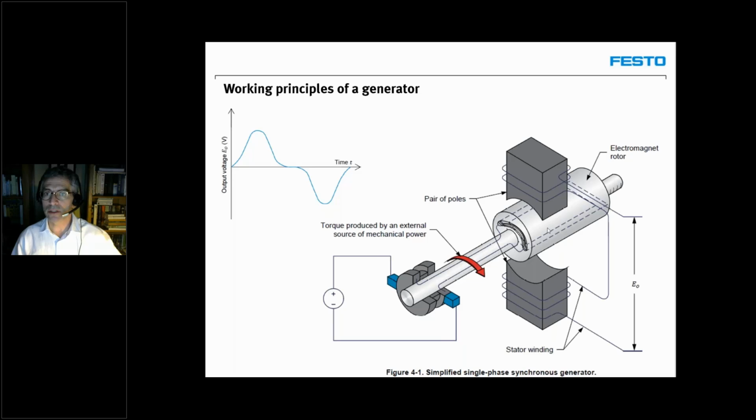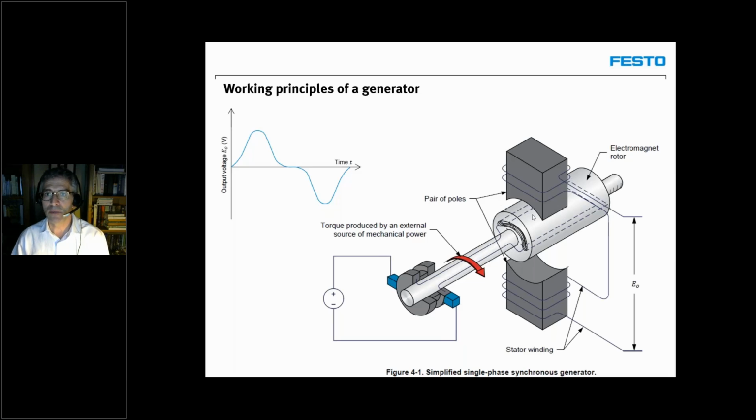Since the coil of wire is turning, the magnetic field that is generated is constantly changing for the magnetic core, the soft iron core that is here, which is really receptive to this magnetic field. And around this iron core, we have coils of wire.